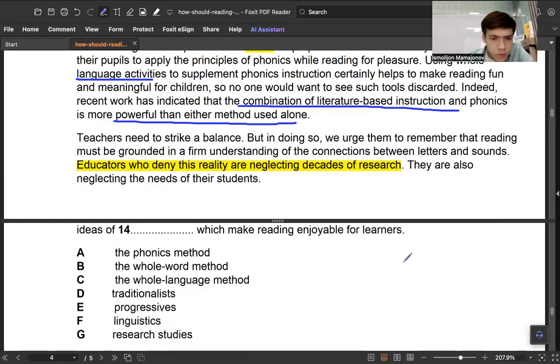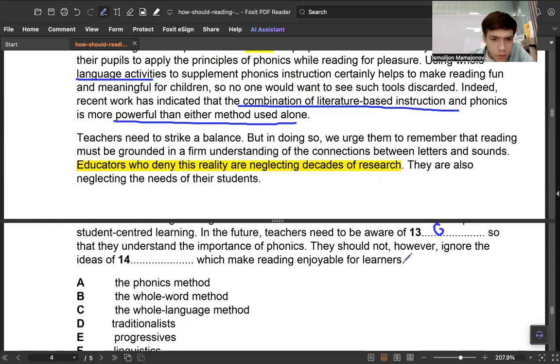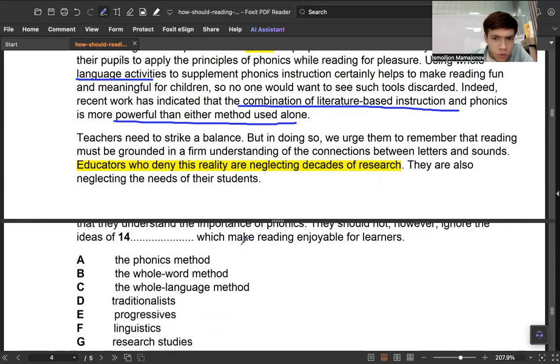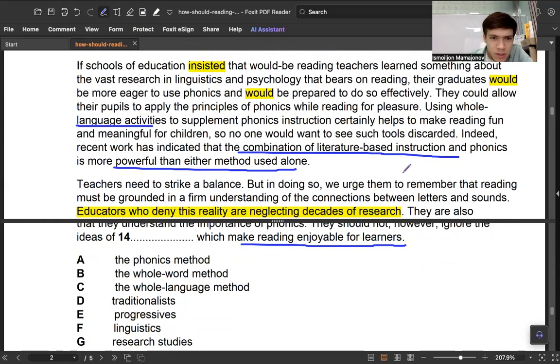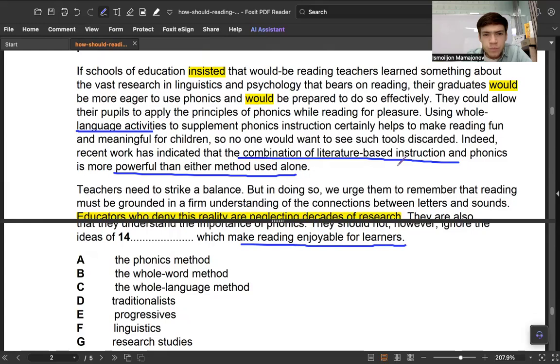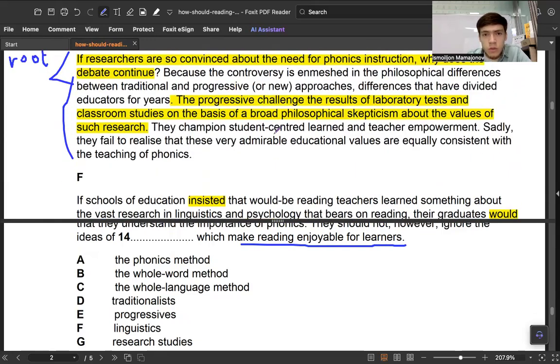What else do we have? Number 14. What makes reading enjoyable? I think the answers are kind of messed up here. They're not in the same order. Here, the reading fun and meaningful for children, so no one would want to see such tools discarded. The whole language was more intuitive, as it was mentioned in the paragraph as well.